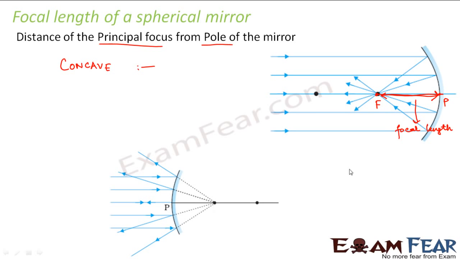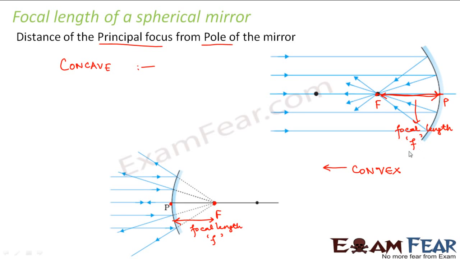Now similarly, what happens in case of a convex mirror? This is my principal focus. So the distance of the focus from the pole, that means this distance, is your focal length. Focal length is generally denoted by a small f.